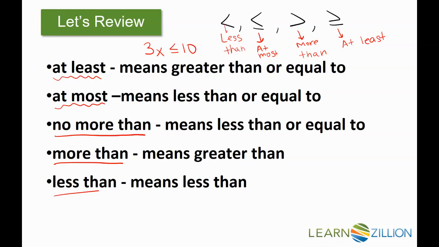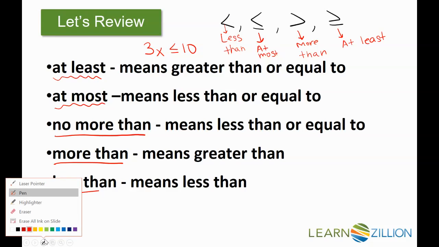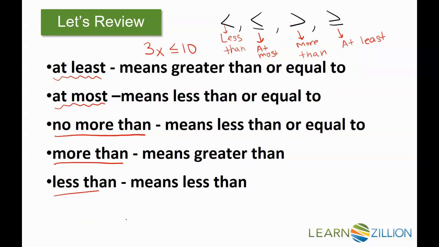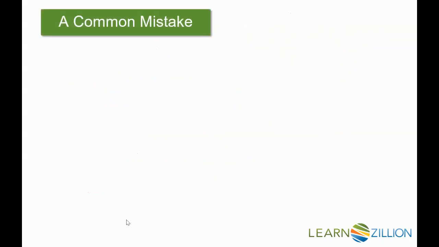There we go. So those are our symbols. You should know those words, especially when it comes to word problems, so that you know which symbol to use. I always like to think about the problem. Do I want to spend more than a certain amount? Do I want to spend less than a certain amount? Do I need the scenario to be more than that or less than that? And that can kind of help you to figure out which symbol to use and when.